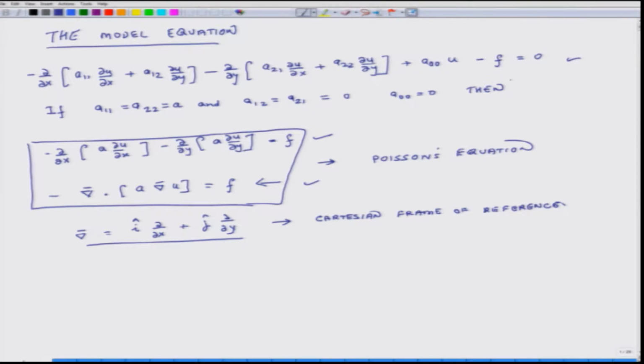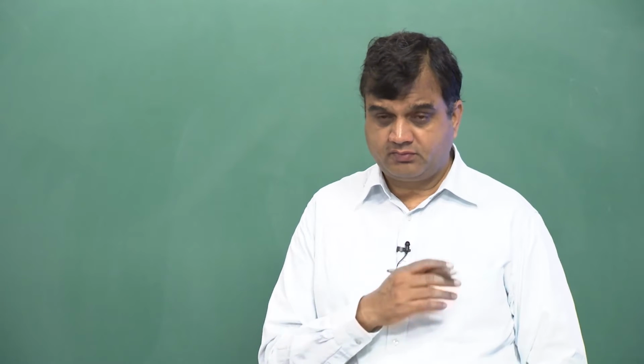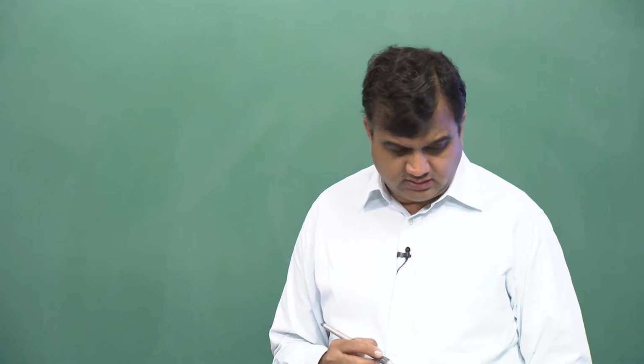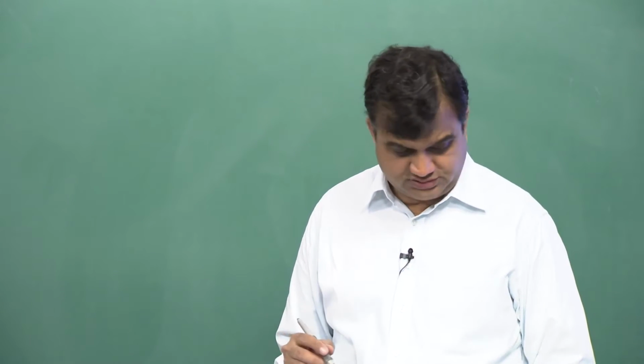So, what we had said was that the way to solve this Poisson's equation, or for that matter even this equation, which is equation 1, would be pretty much similar to the way we had solved one-dimensional problems, which we had discussed in part 1 of this course.